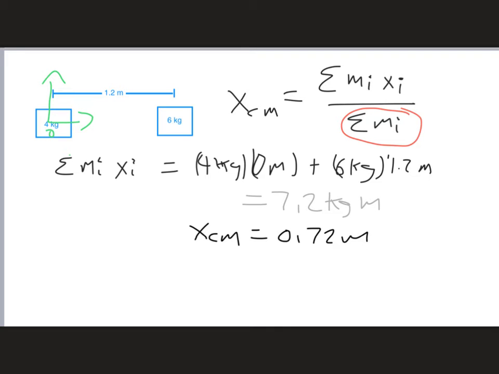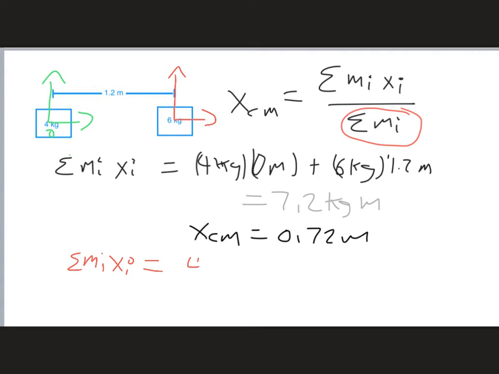Now, what if I place the origin of my coordinate system at a different location? Say, instead of placing it on the 4 kilogram mass, I would want to place it on the 6 kilogram mass. And then I could still calculate my sum of m_i x_i. The 10 kilograms is still going to be the total sum that we divide by. Now we have to be careful here because our distance is now minus 1.2 meters.